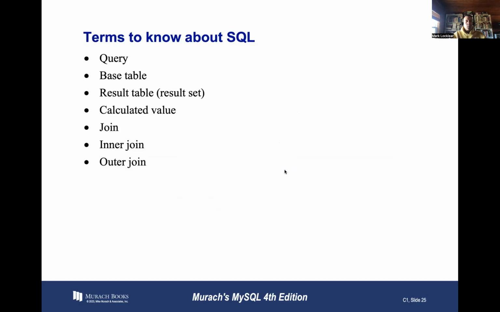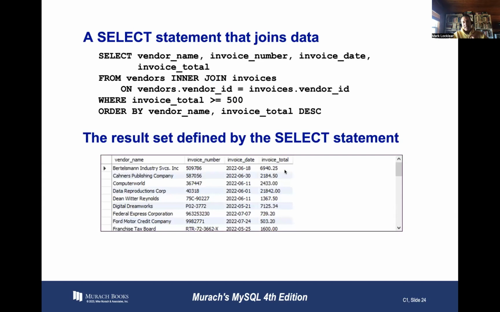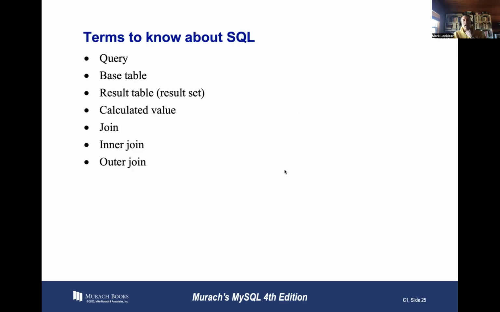All right, general terms we want to look at in SQL. Query: we've talked about queries, that's what we were looking at earlier. All of these select statements, join statements, all these things, we refer to as queries. Base table is another one. Depending on the context of what we're doing, you'll refer to those as a base table, or maybe a results table or results set.